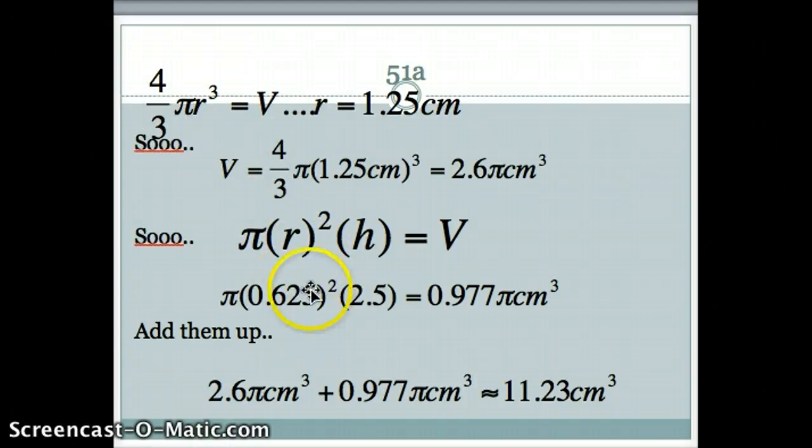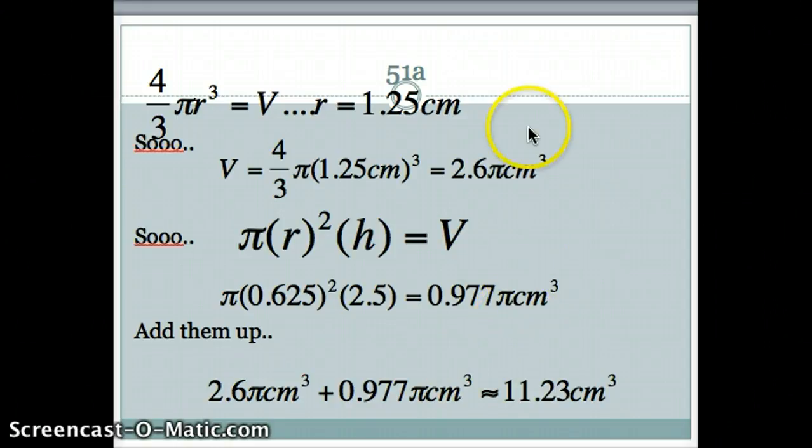The radius for this part is thinner when you look at the graph, and it was only 0.625 centimeters. The height of the cylinder was 2.5 centimeters, and so I plugged these in and I got the volume for the cylinder to be 0.977 pi centimeters cubed.